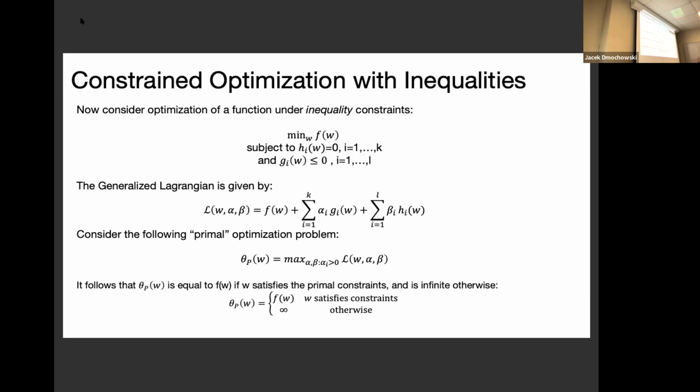And so what this is doing is saying, if I evaluate this function, I will know whether my point is feasible or not. The value of this function is finite only when W satisfies the constraints. So that's step one.